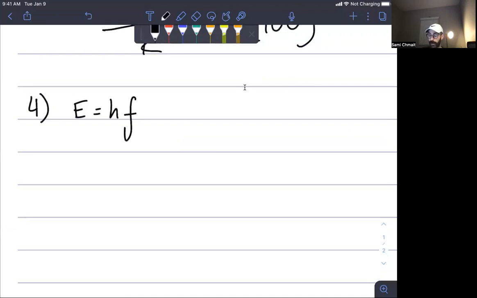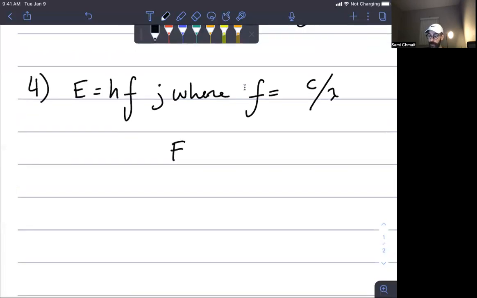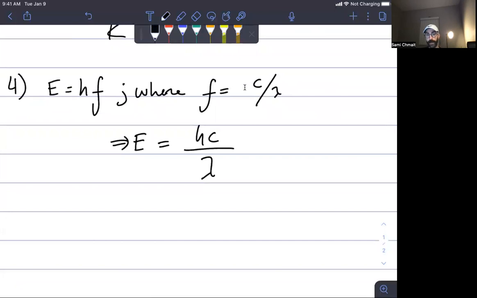And if we recall our past lectures, we'll know that f is equal to c over the wavelength, right? So now we can manipulate this equation such that E is equal to hc over lambda. And again, we're solving for the energy of the photon.